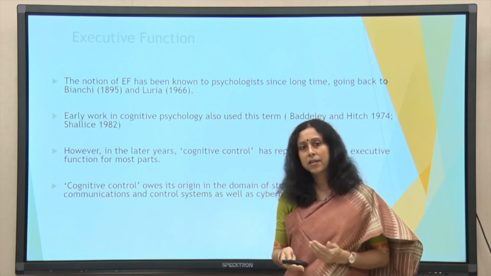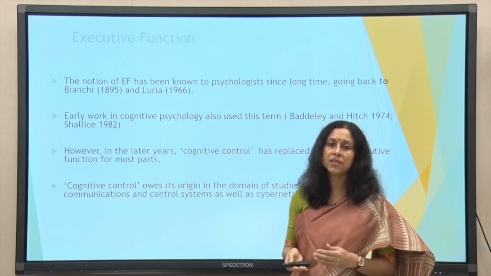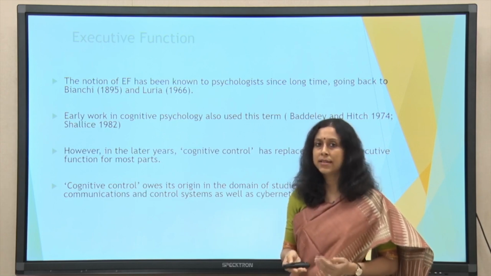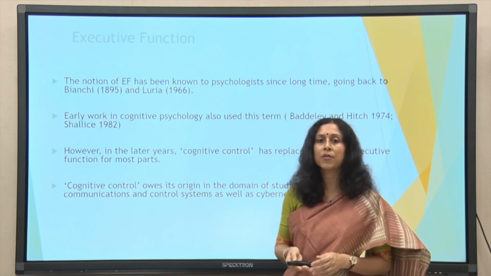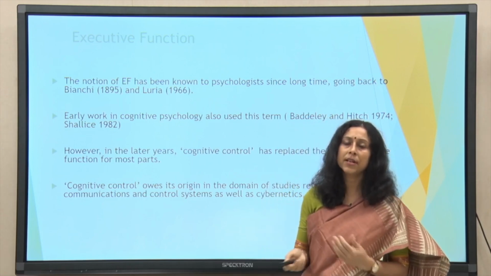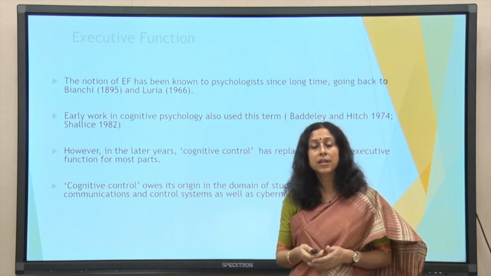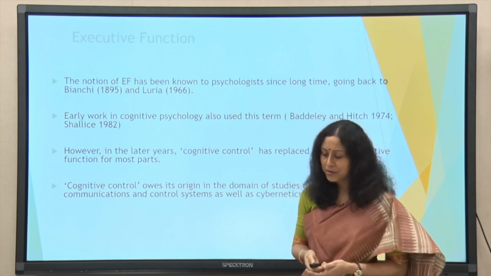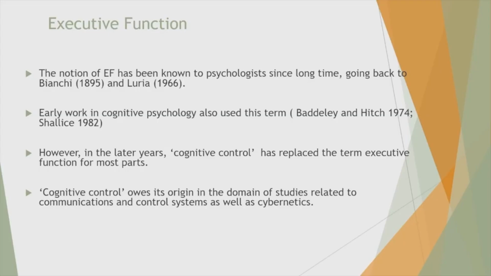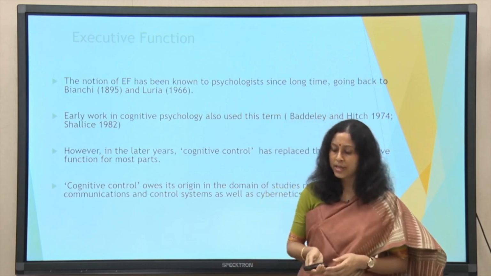In the later years, primarily due to the advances made in communications and control systems, computer science, AI and so on, a new term started replacing executive function, which is cognitive control. So, cognitive control has come to replace executive function in many domains, though not entirely. There are still some places where we use executive function, but largely cognitive control has come to replace it. It basically owes its origin to cybernetics and later AI and so on.